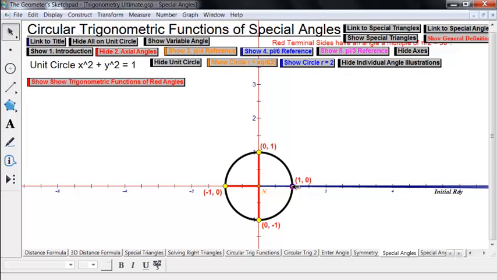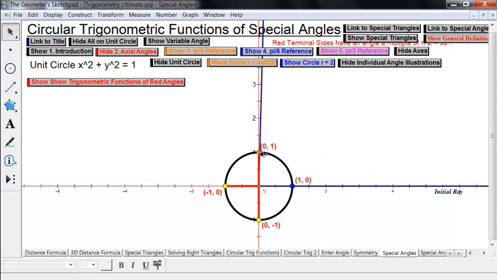Or positive 2 pi, 4 pi, 6 pi, 1, 2, 3, 4, 5, 6 pi. All of those angles, any multiple of 2 pi, leaves us back right on top of the initial ray, pointing along the positive part of the x-axis. All of those points have an x of 1, a y of 0, and an r of 1.